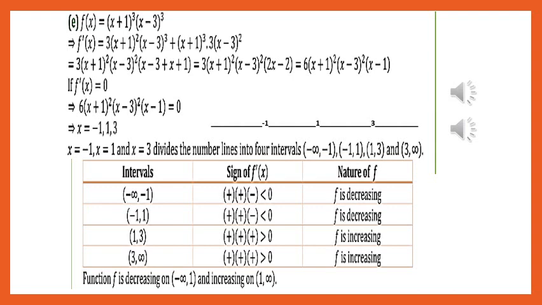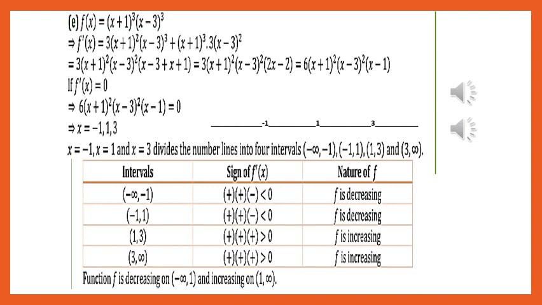So we found f dash x. f dash x is equal to 3 into x plus 1 whole square into x minus 3 whole cube plus x plus 1 whole cube into 3 into x minus 3 the whole square. Now we want to factorize it. We see that 3 into x plus 1 whole square, x minus 3 whole square is common.